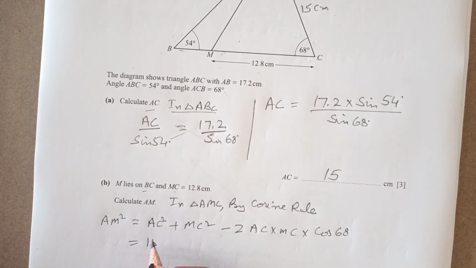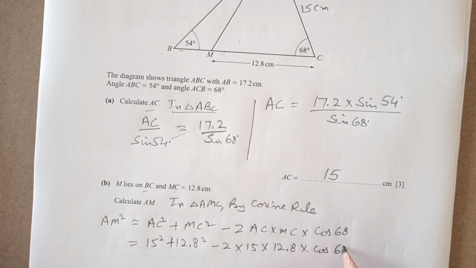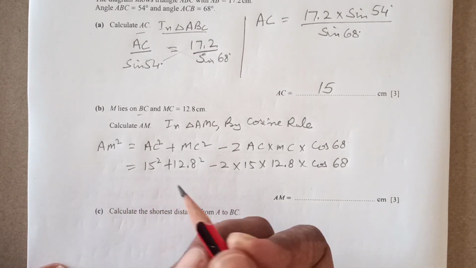So this is 15 squared plus 12.8 squared minus 2 times 15 times 12.8 times cos of 68 degrees, right? So then just plug in the values.